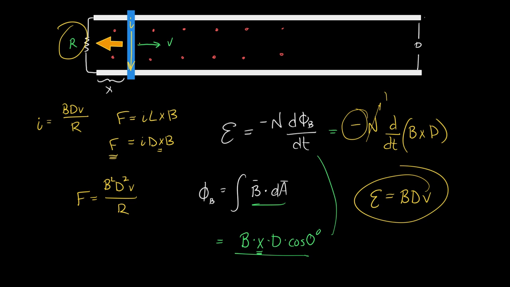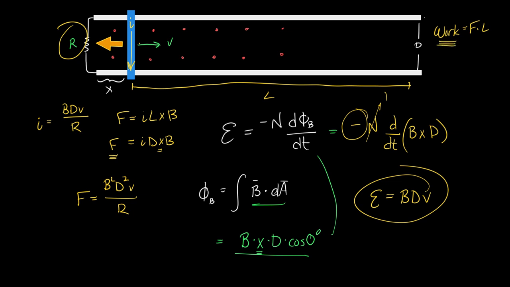Let's say you pull that bar a distance L across the wires. I pull a distance L. The amount of work I would do would be equal to F times L. It's constant force, right?